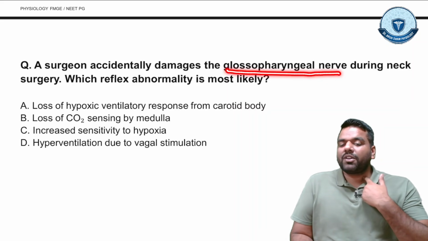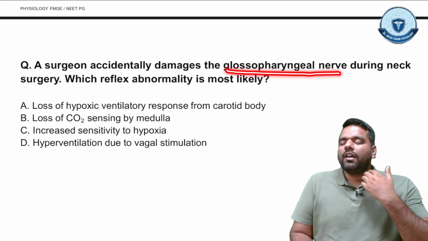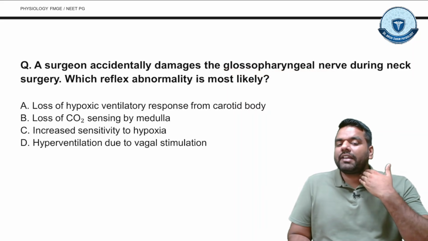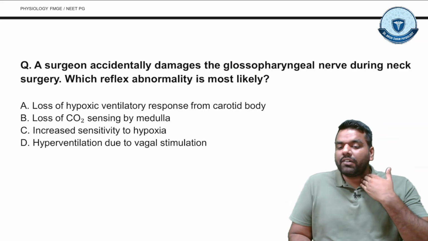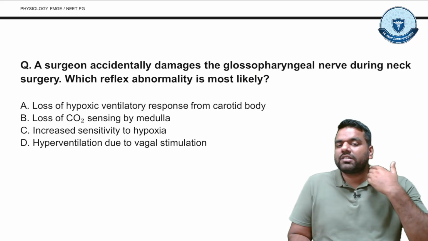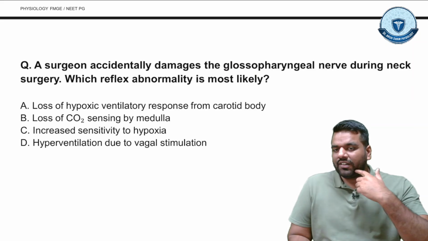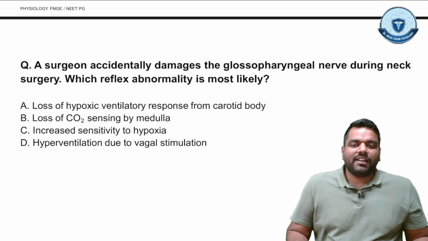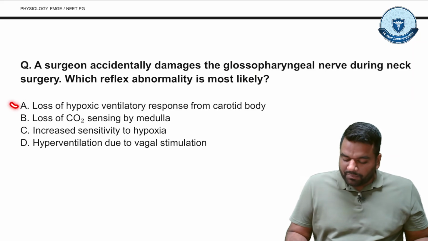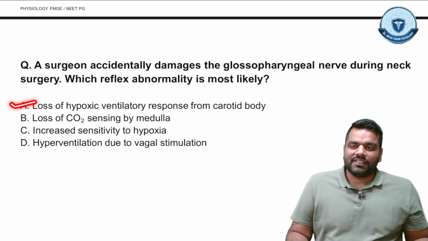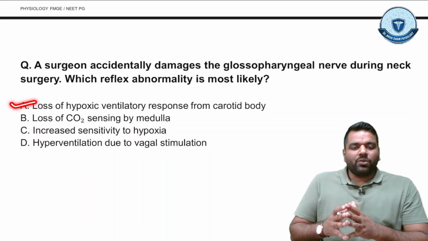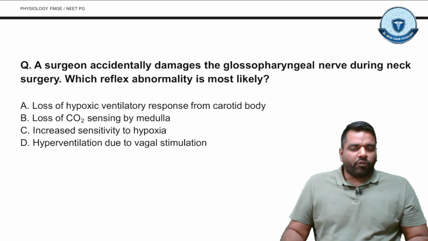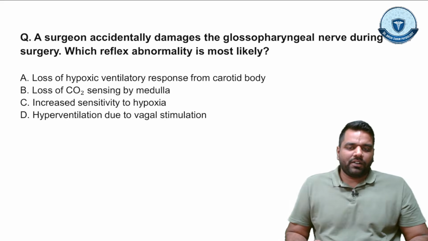Pressure cannot be detected and conveyed to the brain from this carotid area, and the oxygen level also cannot be sent to the brain because the glossopharyngeal nerve is gone. So there is a loss of hypoxic ventilatory response from the carotid body. The right answer to this question is A. So this is how questions can be framed from the chemoreceptor and the baroreceptor part.